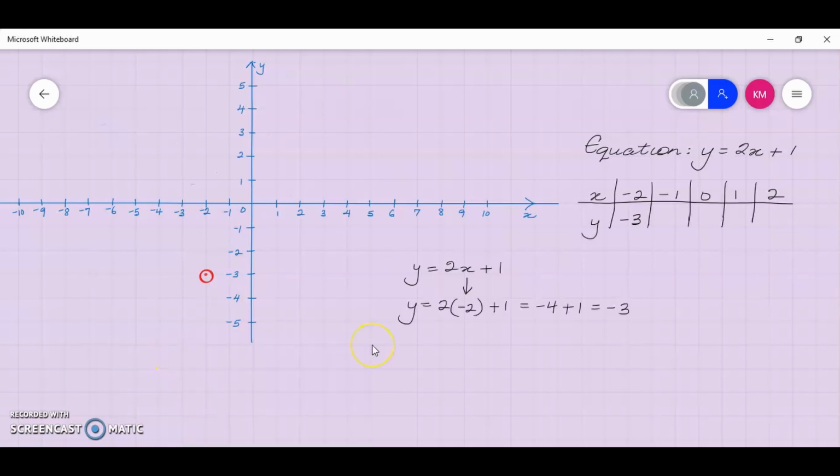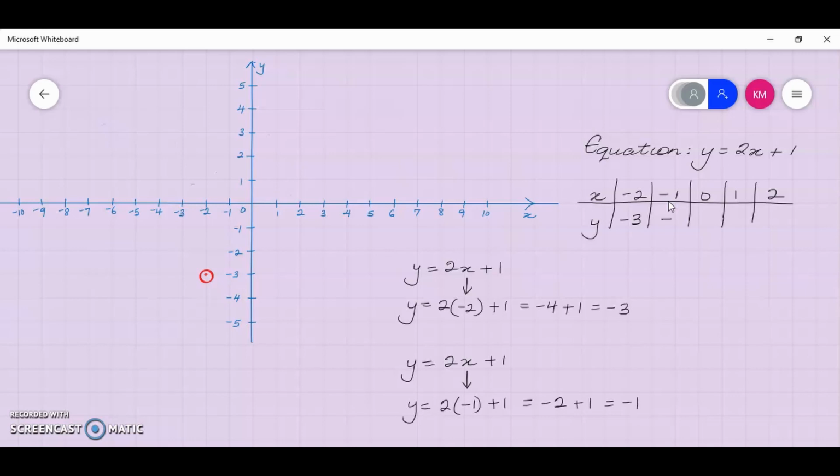Okay, so let's work out for our second point. Remember, our equation is 2x plus 1, and our x values are going to be changing based on our values here. So our next value is -1. When x is -1, y is going to be equal to 2 multiplied by -1 plus 1. 2 multiplied by -1, -2, plus 1 is -1.